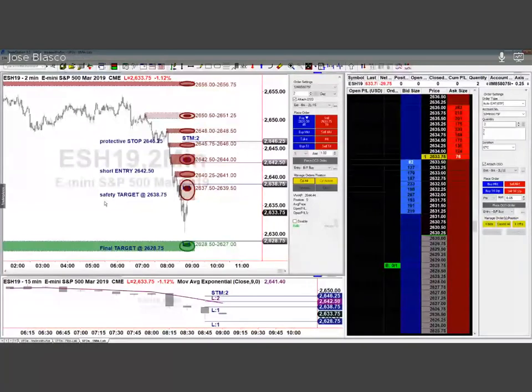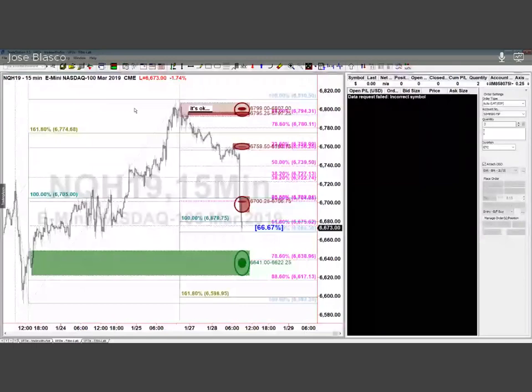Okay, so what do we have? Well, notice how these UFOs got one Fib lining up. So you know what? This one it's okay, because we got a Fib lining up where the UFO is.